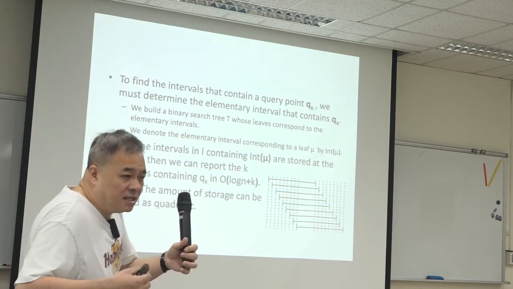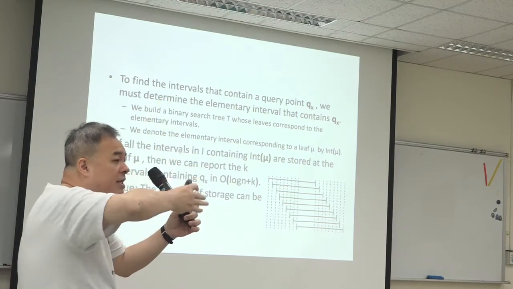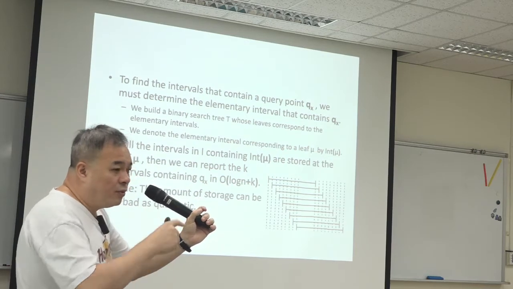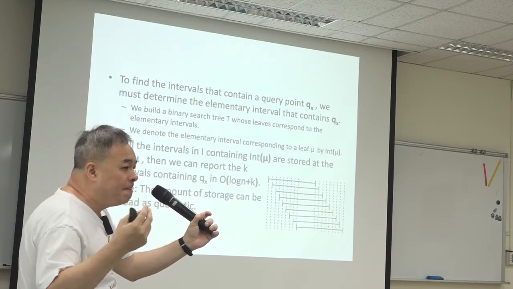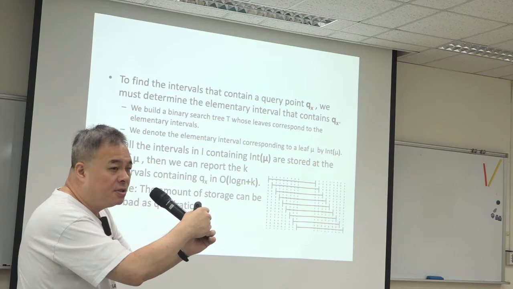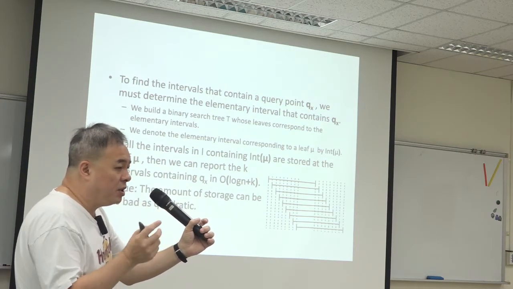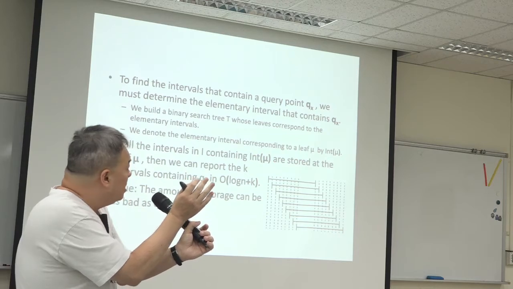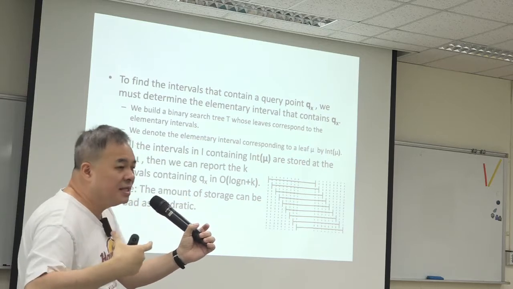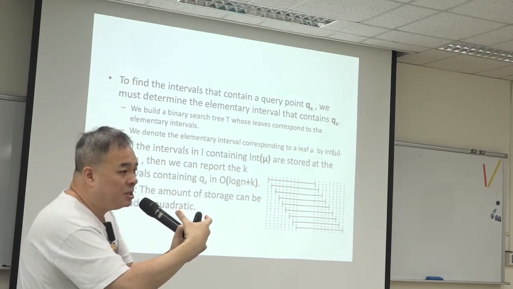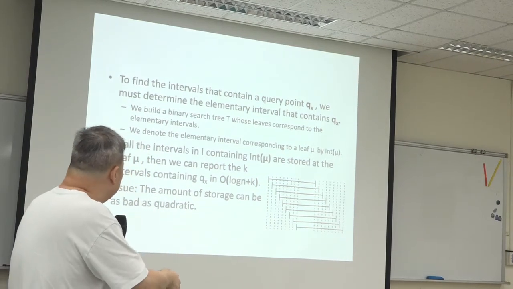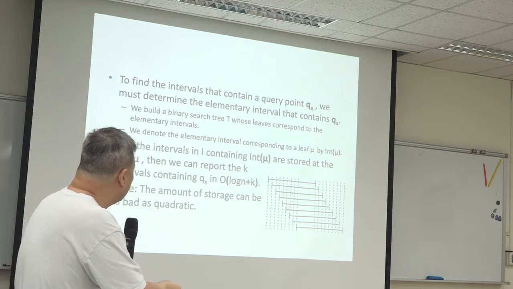We do the pre-computation, and for each elementary interval we store which segments contain it. When a query point falls into that elementary interval, it must fall into the segments that contain it, so we just report those segments. The query time is wonderful: log n plus k.